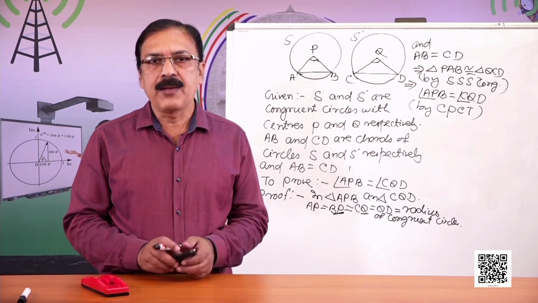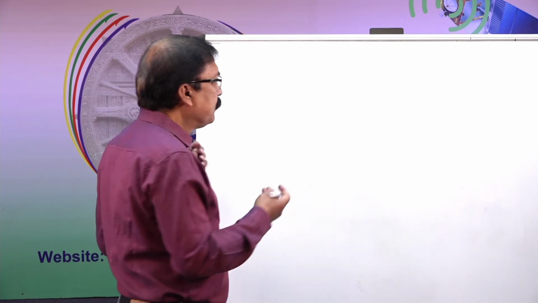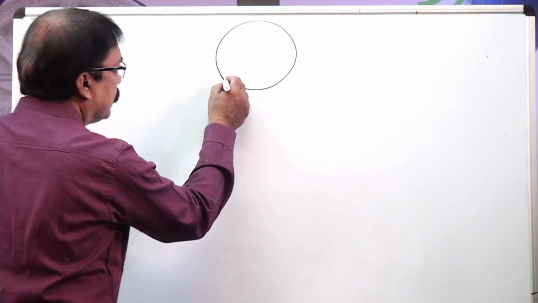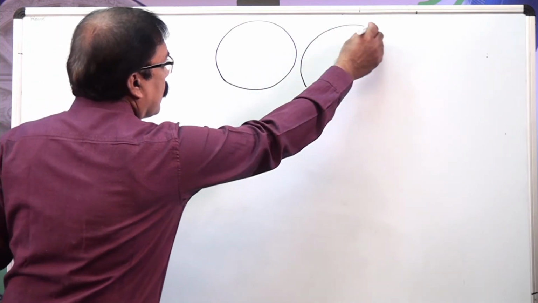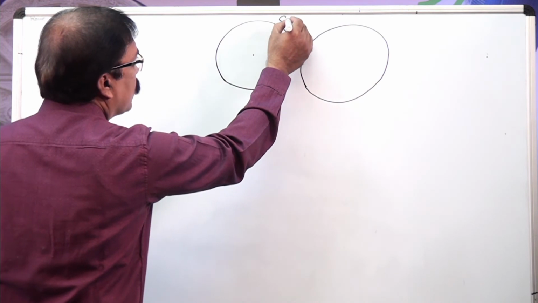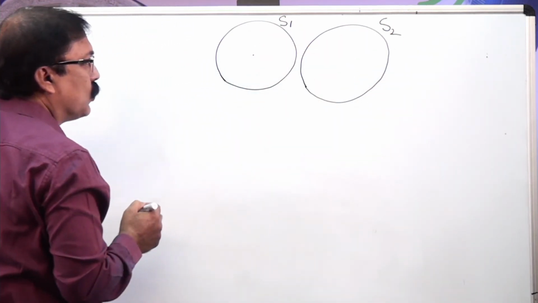Now let's have another question. The question is, prove that if chords of congruent circles subtend equal angles at their centers, then the chords are equal. So let's see, we have two congruent circles here. One is say S1 and let the second one be S2.